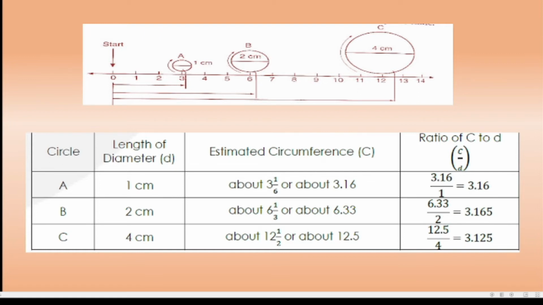In circle B, 2 cm, the length of diameter, about 6 and 1/3 or 6.33, the estimated circumference, 6.33 over 2 or 3.165 is our ratio of circumference to diameter. For our letter C, with 4 cm length of diameter, estimated circumference 12.5, and the ratio of circumference to diameter is 3.125.